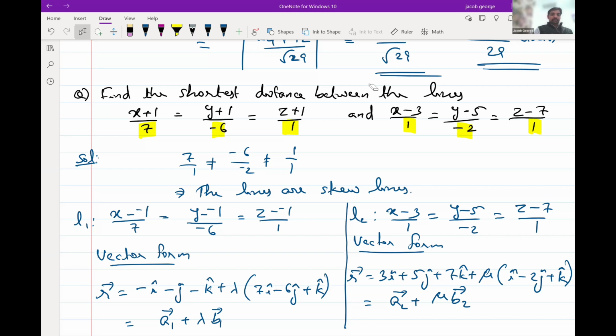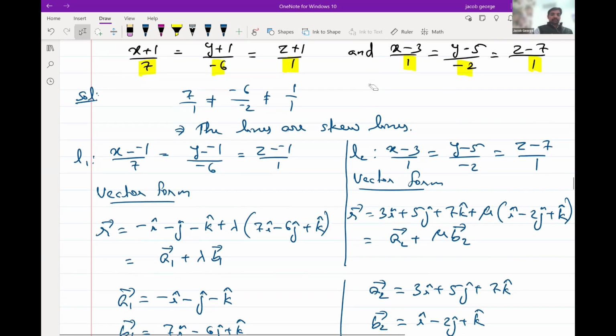First I check that ratio: 7/1, minus 6/-2, 1/1. They are not equal. So the lines are skew lines. Then convert this into vector form. Any doubt in vector form conversion? The equation must be in standard form. In case it is not standard, we have to convert it to x minus x1 by a, y minus y1 by b, z minus z1 by c form.